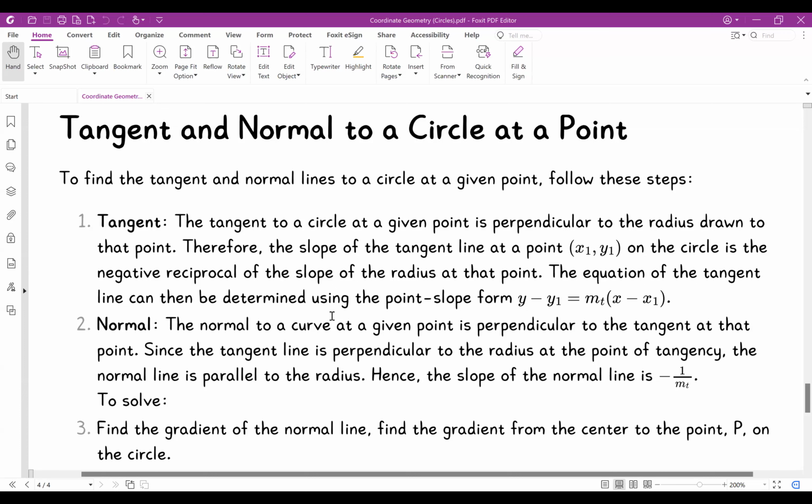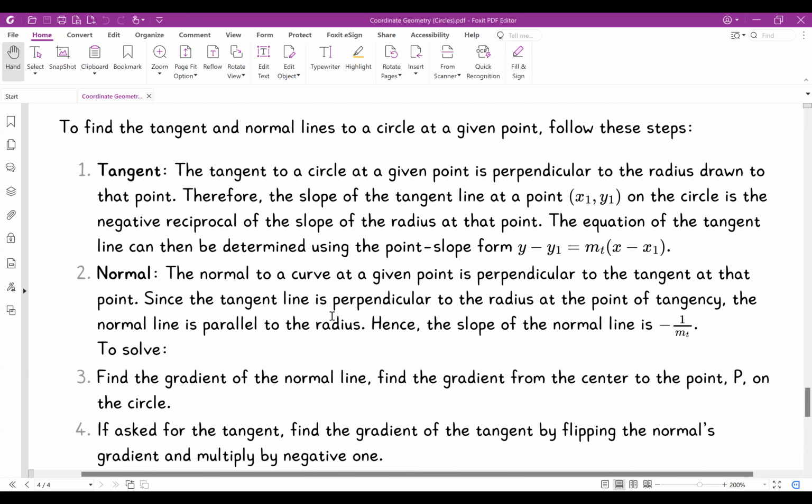Now that becomes so confusing, so the first step is to find the gradient of the normal line. We find the gradient of the normal line by using the point on the circle and the point at the center. Find the gradient, like in physics, the change in y over the change in x.